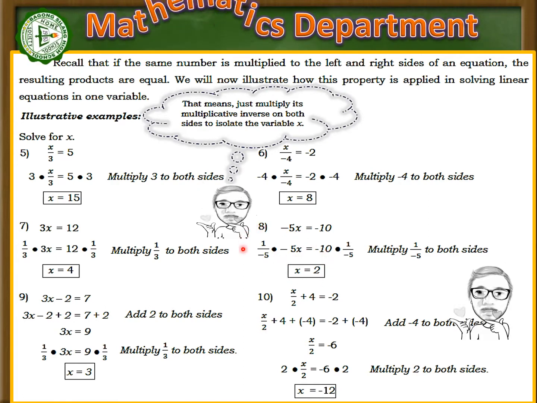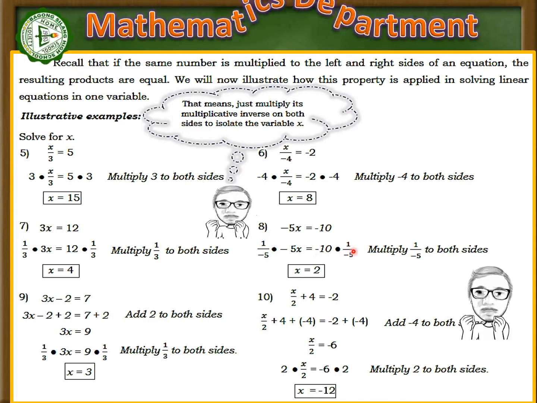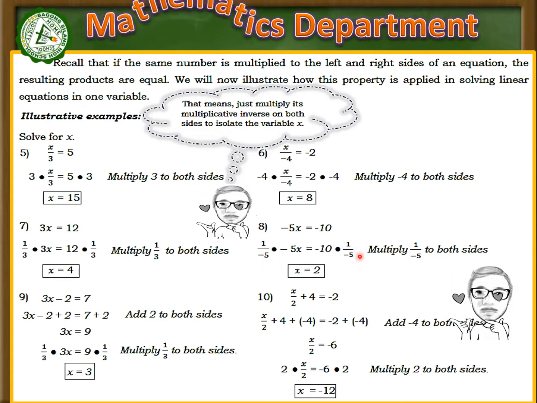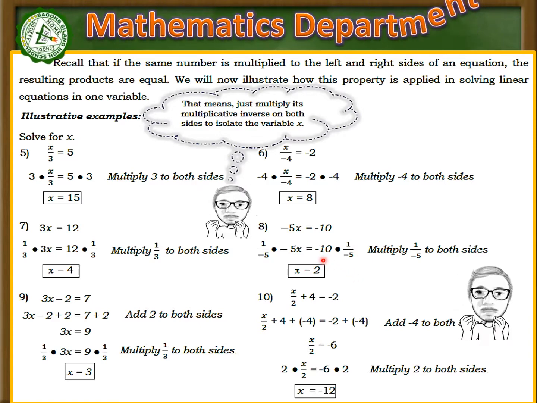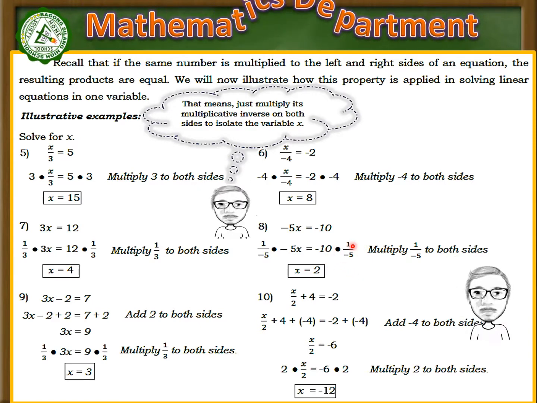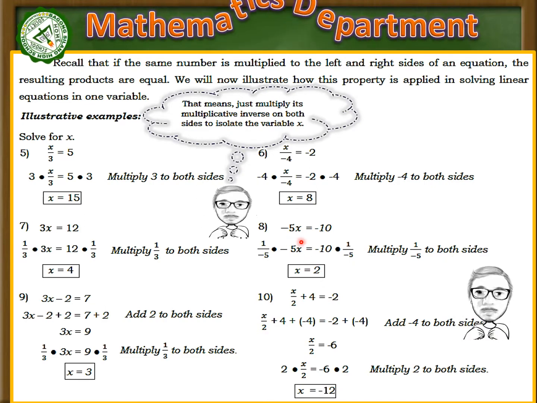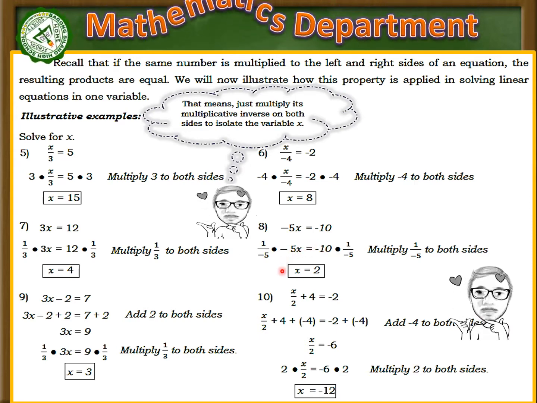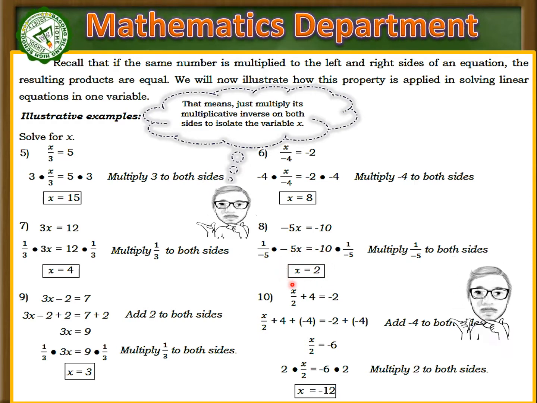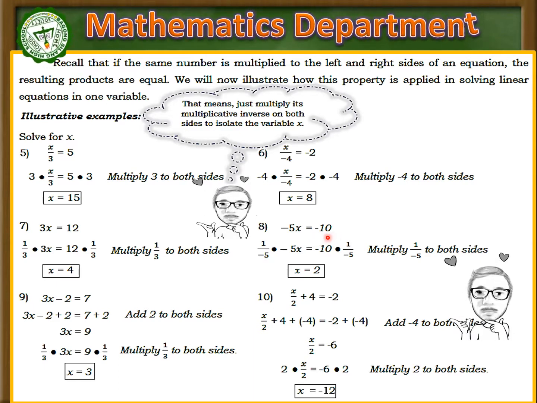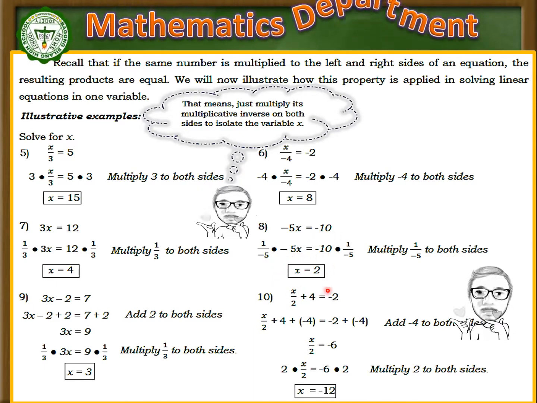And then again, don't forget to multiply on the right side by the same number, 1 over -5. So -10 divided by -5, that's +2. -5 times a number equals -10. The number we found is 2. So -5 times 2, is it equal to -10? Yes, so that's correct. Okay.